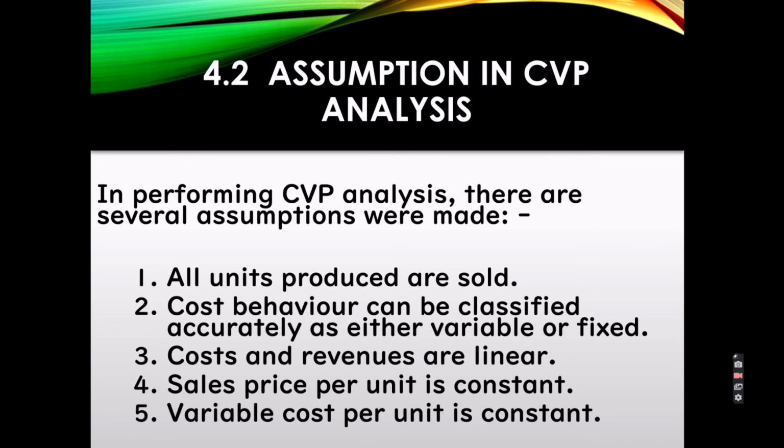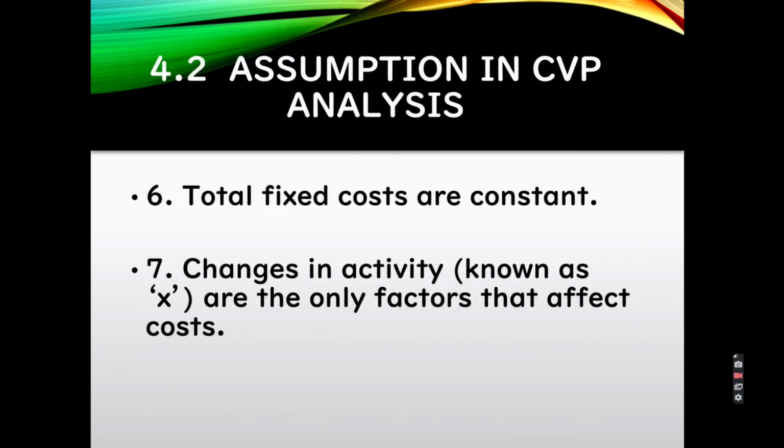Costs and revenues are linear. 4. Sales price per unit is constant. Number 5. Variable cost per unit is constant. 6. Total fixed costs are constant. And 7. Changes in activity, known as X, are the only factors that affect cost.